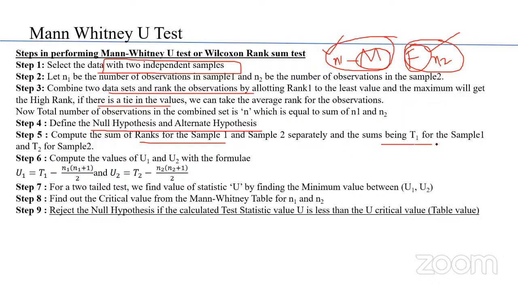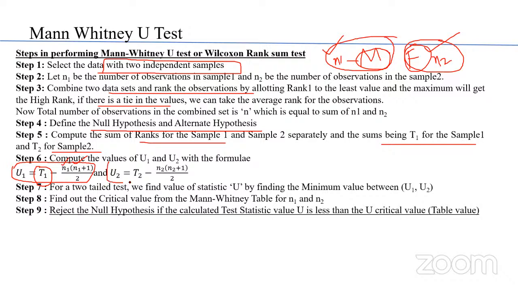The sums are T1 for sample 1, that is total 1 for sample 1, and T2 for sample 2, total 2 for sample 2. Then we have to find these statistic values. So U1 is equal to the sum of first ranks minus N1, the sample size of the first sample, into N1 plus 1, divided by 2.